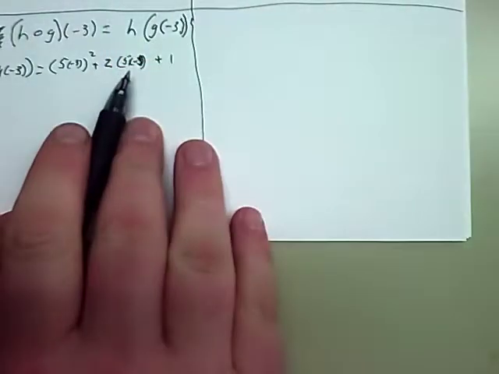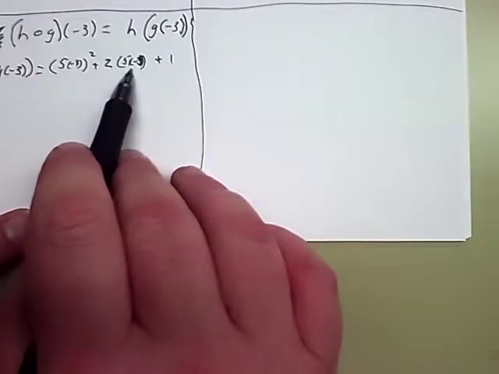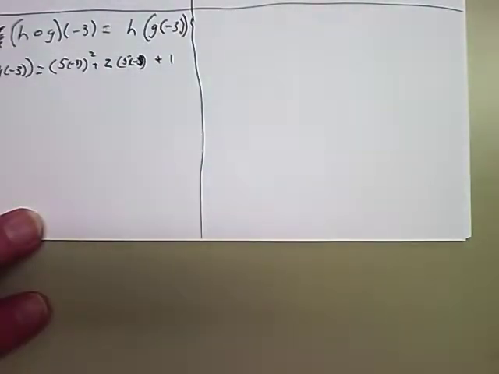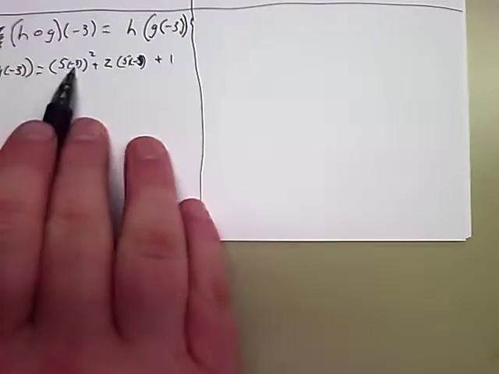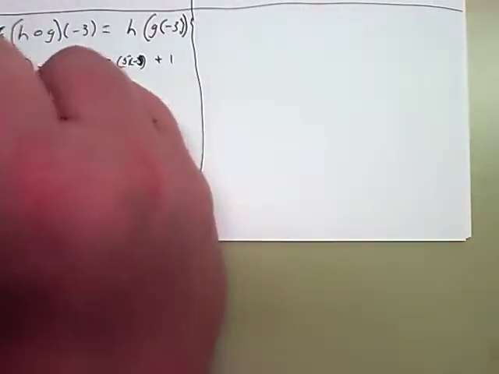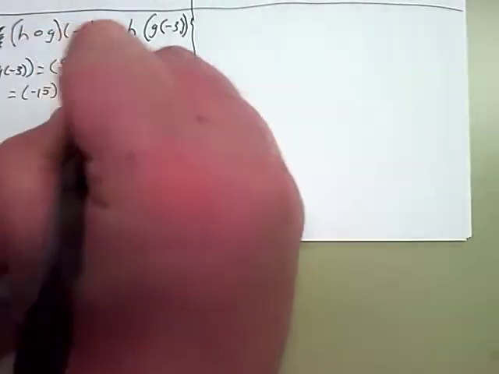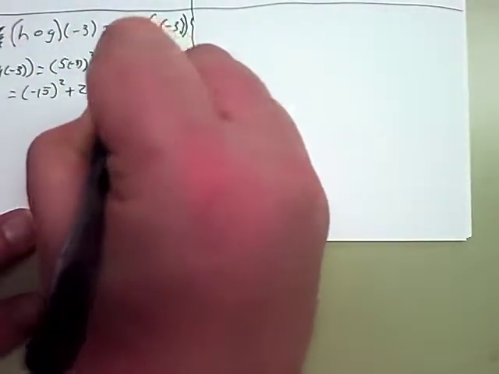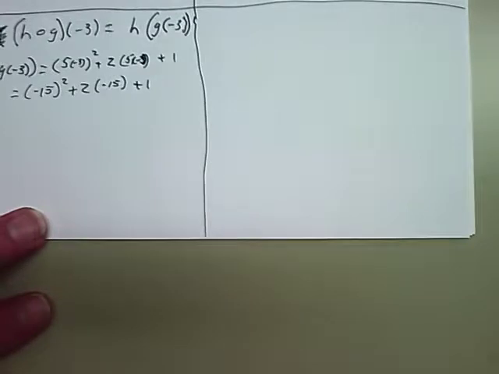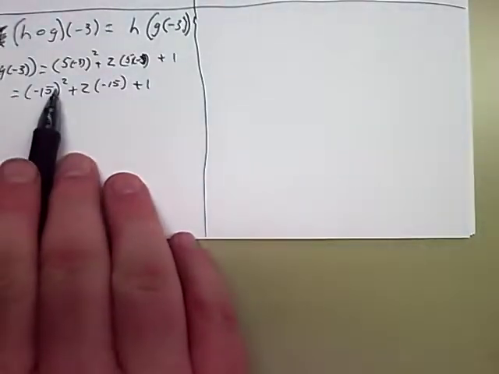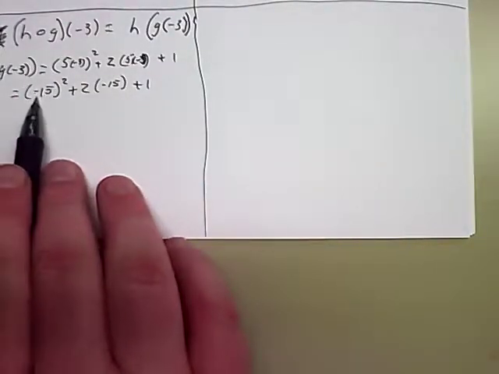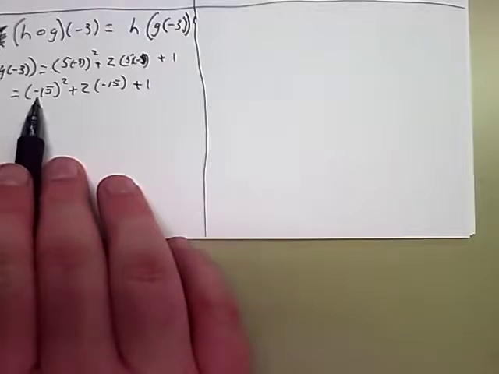All right, it's hard to see. That's -3 in there. My handwriting's terrible today. So 5 times -3 is -15. So here we have -15 squared plus 2 times -15 plus 1. -15 squared is going to be -15 times -15.